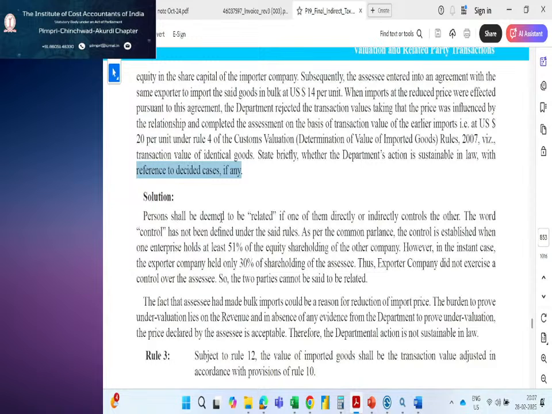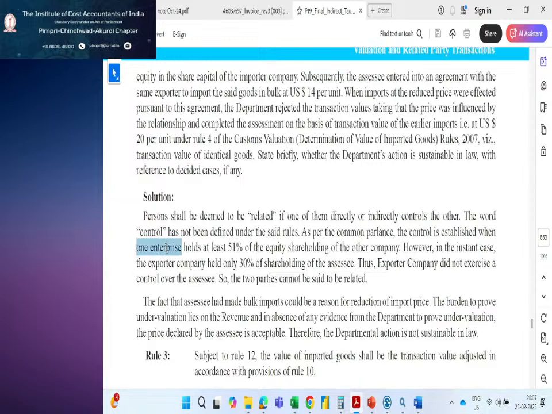So person shall be deemed to be related. When we call it a related person, one of them directly or indirectly controls the other. Control, there is no set definition, but control here is control in layman language.